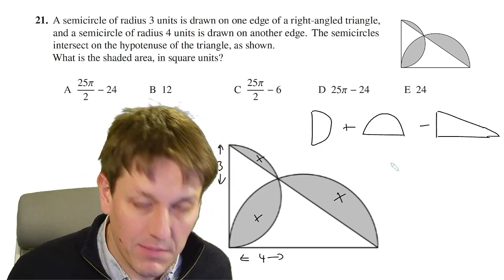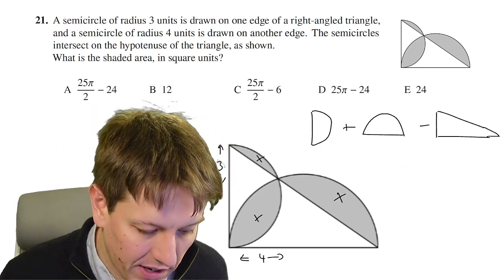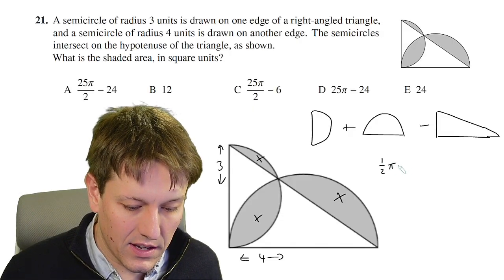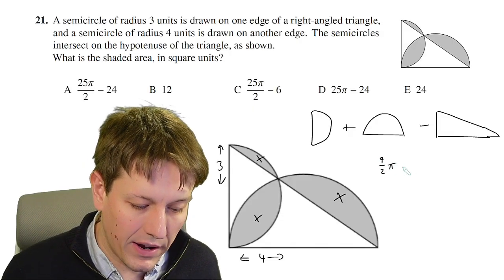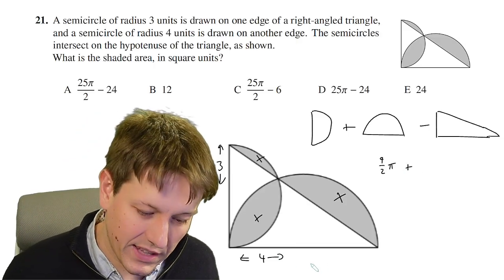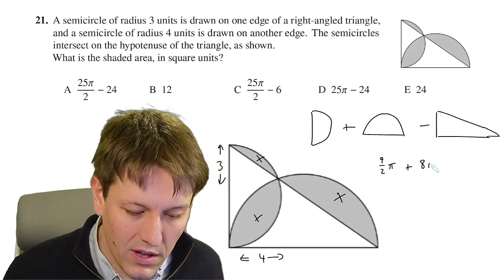So the first semicircle is going to be half pi r squared with r equals 3, so that's a half pi times 9, so let's write that as 9 over 2 pi. The second semicircle, a half pi r squared with r equals 4, so that's a half of 16 pi, or 8 pi.